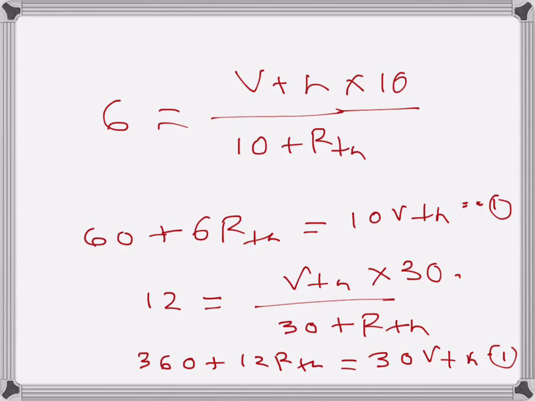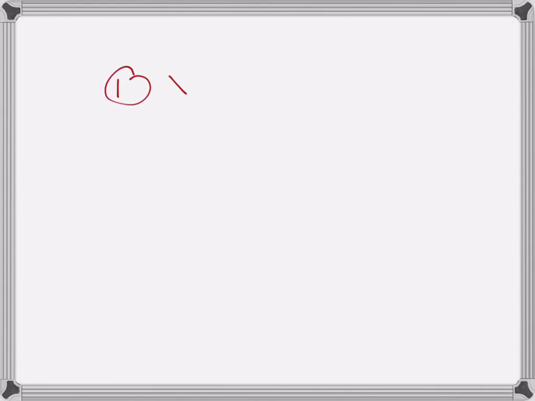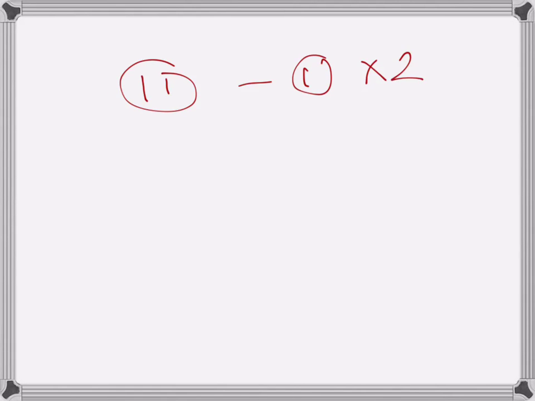So we have these two equations. What we can do is multiply equation 1 by 2. So I will write it the other way around: equation 2 minus equation 1 times 2.